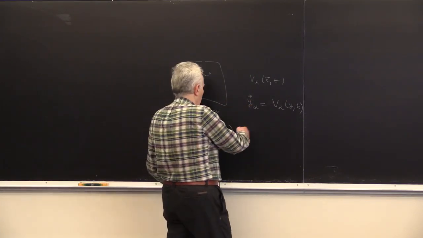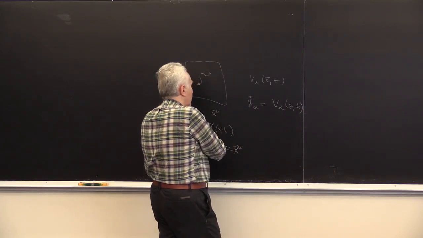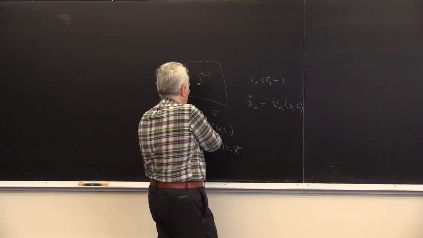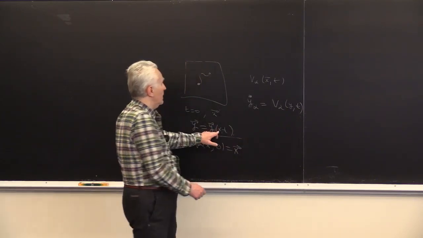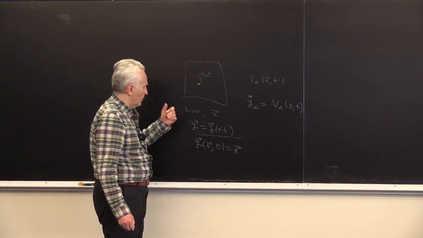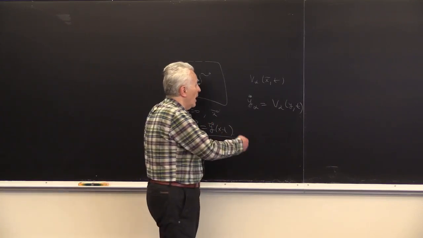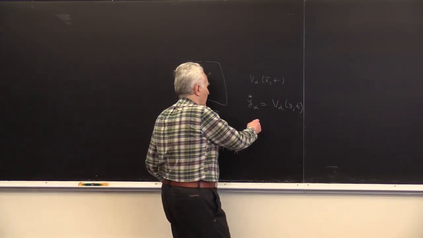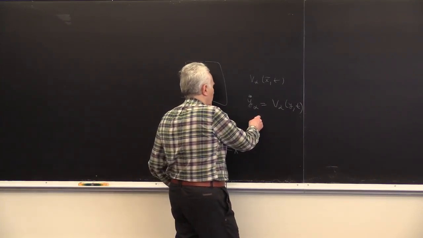This initial value is just x, and in this way you get y of x and t, and x plays the role of the initial position. I can give you an almost trivial example.